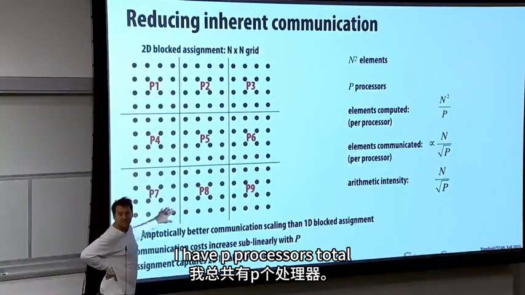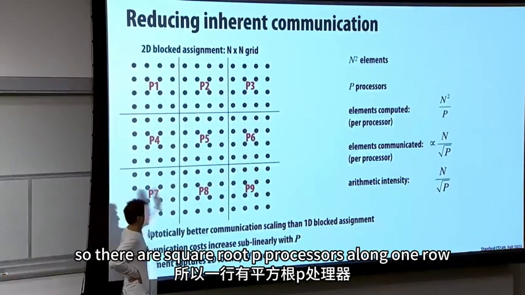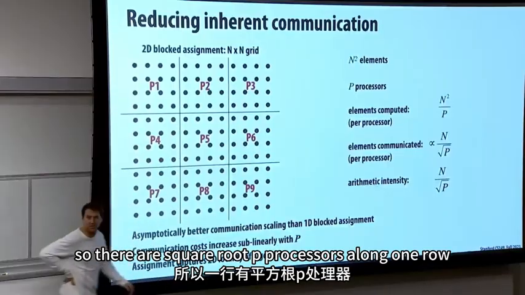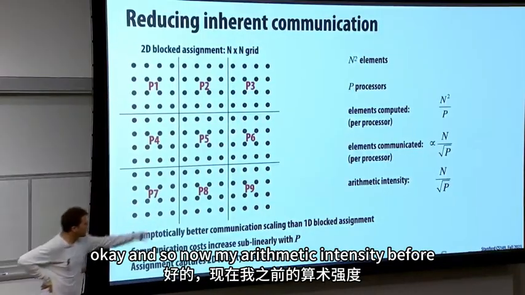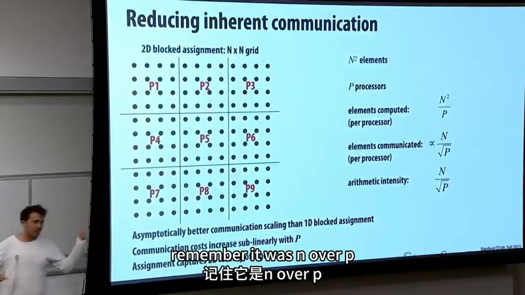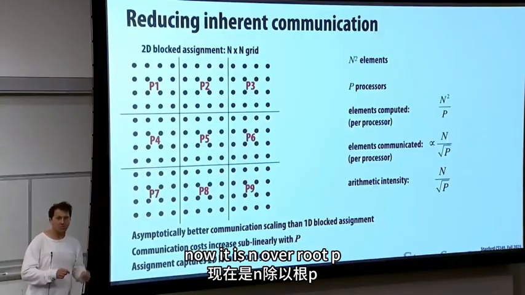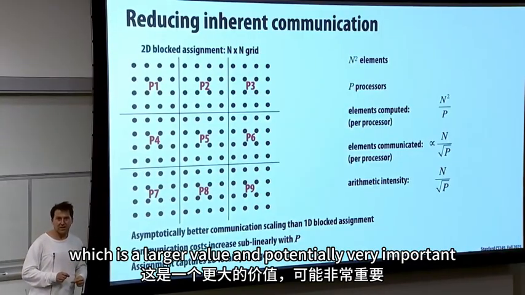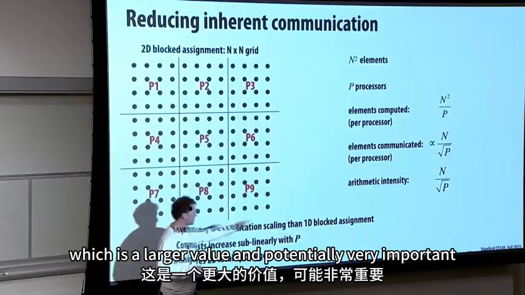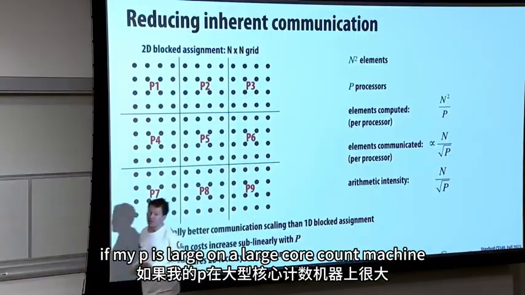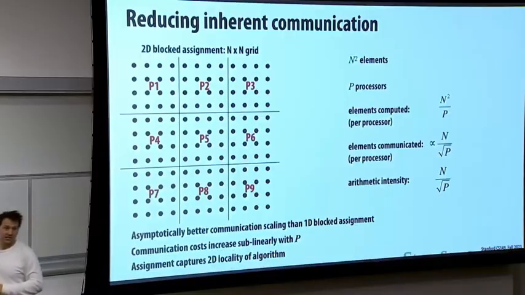I have p processors total, so there are square root p processors along one row. And so now my arithmetic intensity, before, remember, it was n over p. Now it is n over root p, which is a larger value and potentially very important if my p is large on a large core count machine.